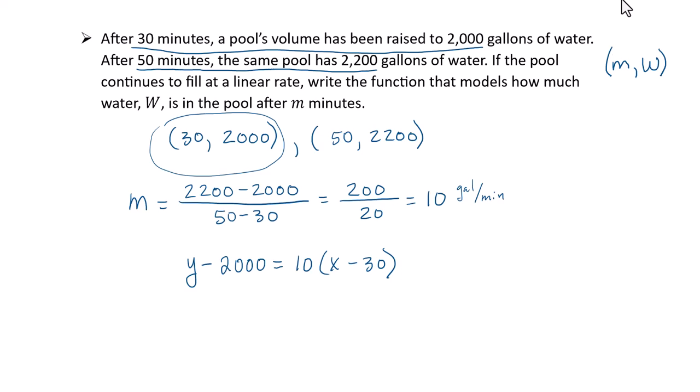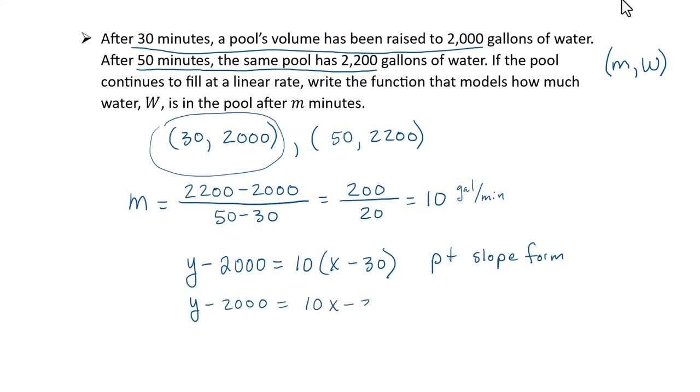Generally, you're going to want this in function form because you might be putting this into some kind of graphing program or whatever, but this is your point slope form.